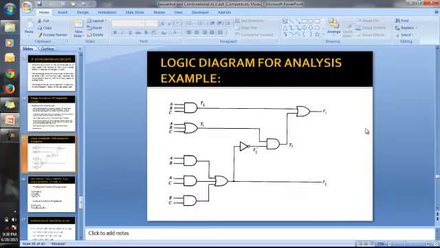So here is an example which shows the logic diagram analysis. Here we have three variables A, B, C. With that we are calculating T1, T2, T3 and finally we get the outputs F1 and F2.